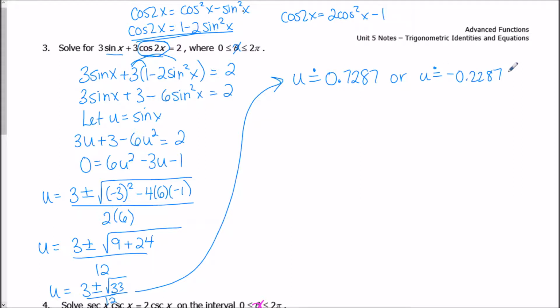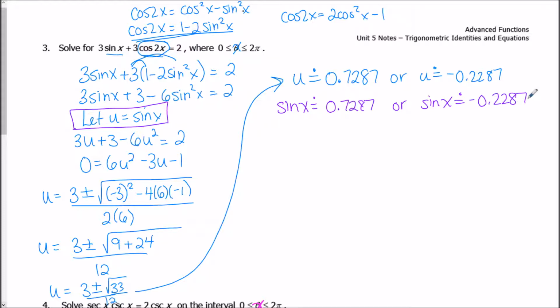So now that I've done that, and I know that u is sine of x, this means that sine of x is either equal to approximately 0.7287, sorry, that should say a 7 there, or sine of x is equal to approximately negative 0.2287.